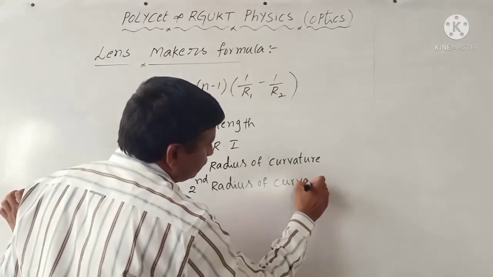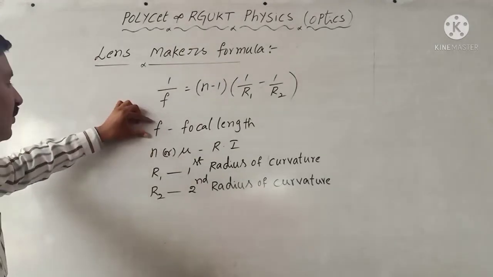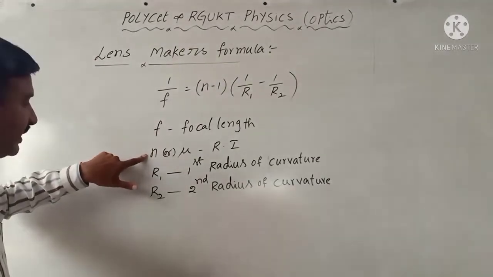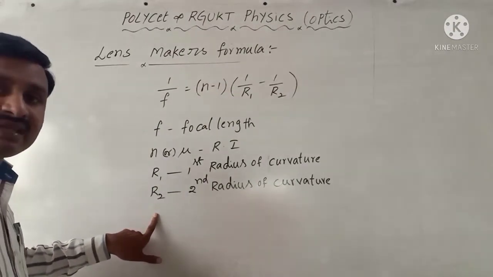R1 is the first radius of curvature and R2 is the second radius of curvature.